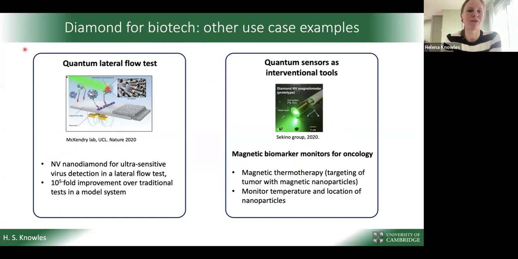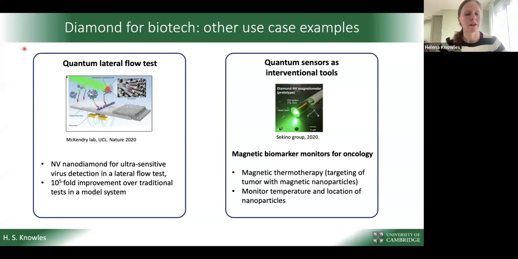A couple of things to just highlight. I'm going to talk about nanodiamonds here for these intracellular and intra-organism sensing applications. But there are a lot of other exciting things that people are doing with diamond in the space of nanodiamonds for biotechnology and healthcare.